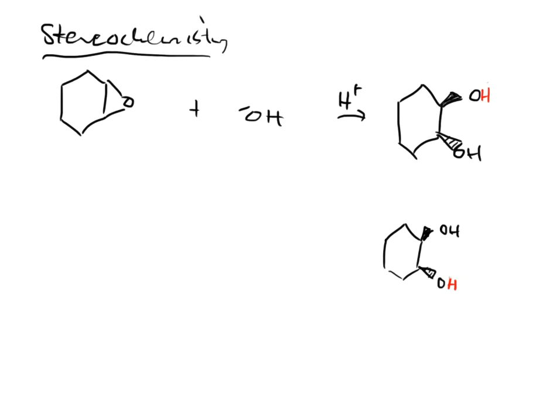I know that they're trans because they're pointed in opposite sides. That's something that we learned in Orgo 1. OH points toward me, OH points away from me. They're in opposite directions. And these are 1,2 spots because no matter how I number it, it is going to be carbon 1 and carbon 2. So trans 1,2. They are di because there's two of them, and ols because they're alcohols. So these are trans 1,2 diols.